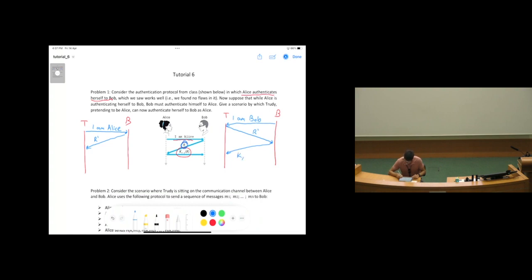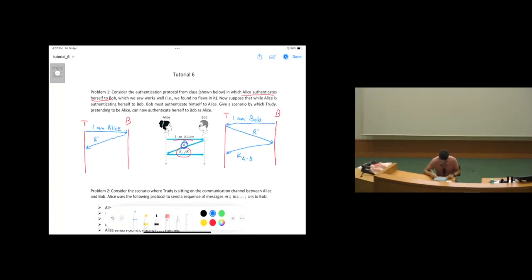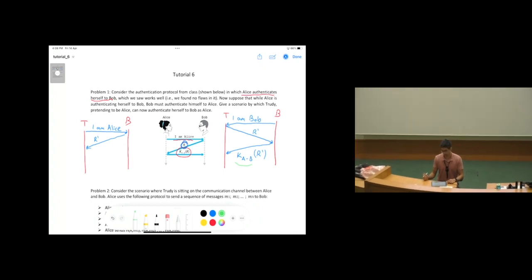In other words, R prime encrypted with the shared symmetric key of Alice and Bob. So now, Trudy doesn't have to know KAB. She doesn't have to know what KAB is or how to encrypt R prime to get KAB of R prime. All that matters is that she obtains this KAB of R prime, and she can simply respond to Bob with that KAB of R prime.